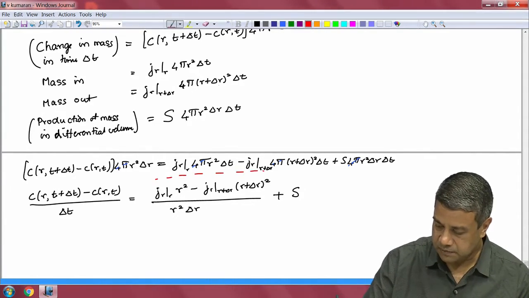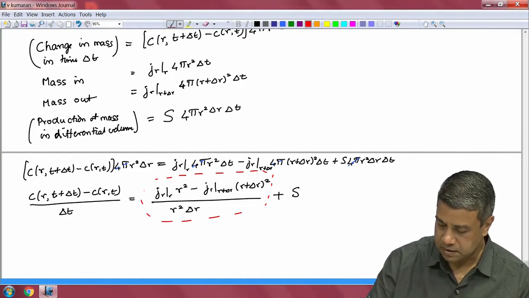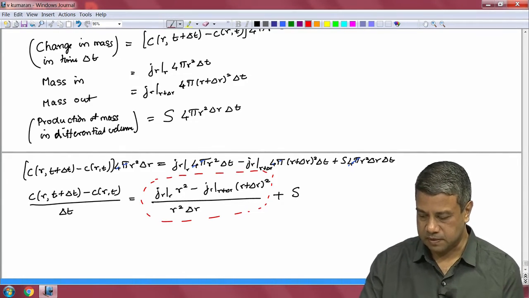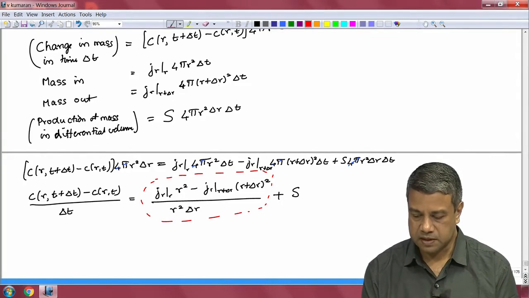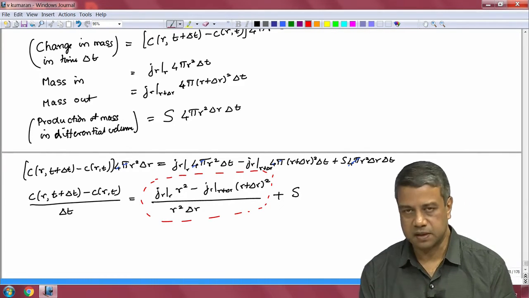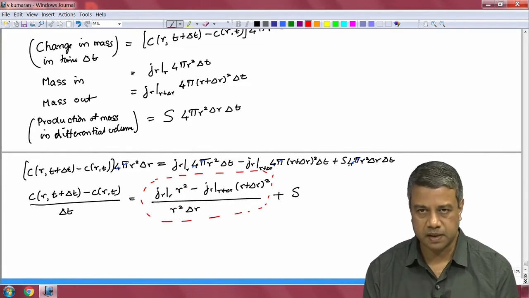If you examine the first term in this expansion, it is a function at r minus a function at r plus delta r divided by delta r.